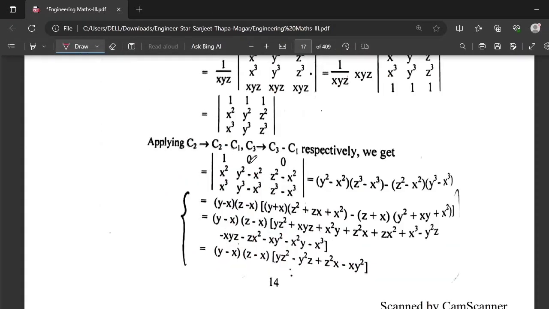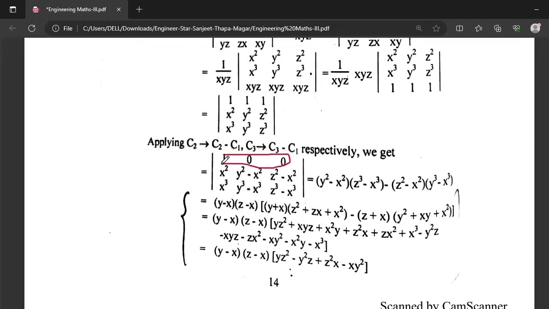Now expanding along R1, because in R1 there is maximum 0, in R2 there is no 0, in R3 there is no 0, in C1 there is no 0, in C2 there is only 1 0, in C3 there is only 1 0. The maximum 0 is in this R1. So for simplicity you have to expand along this R1, but expanding along others will also give the answer, but it is the longer process.